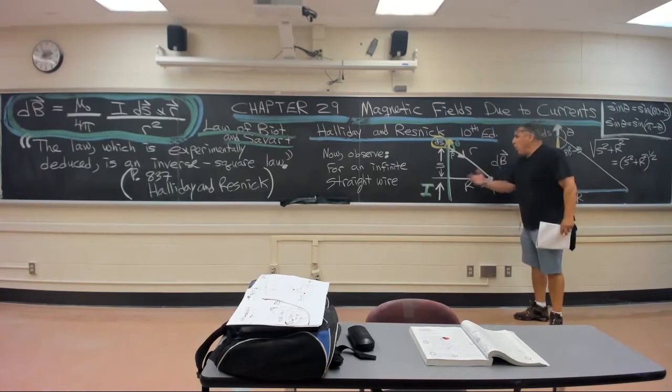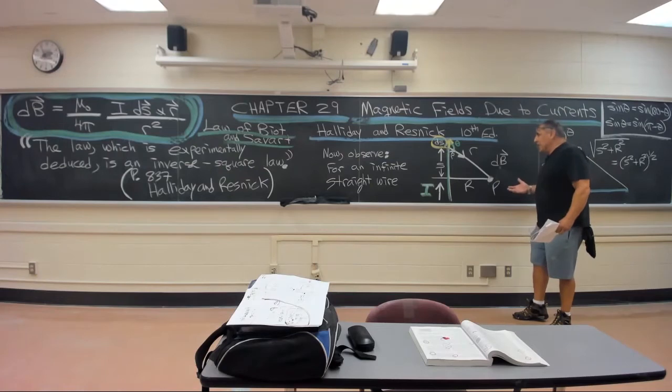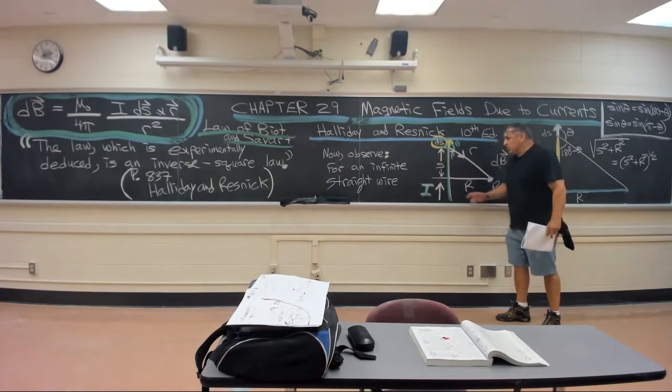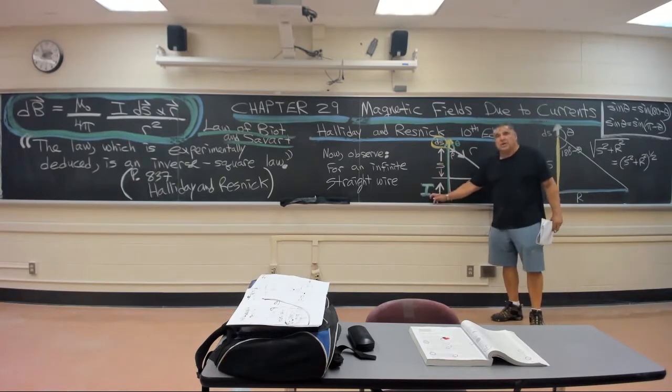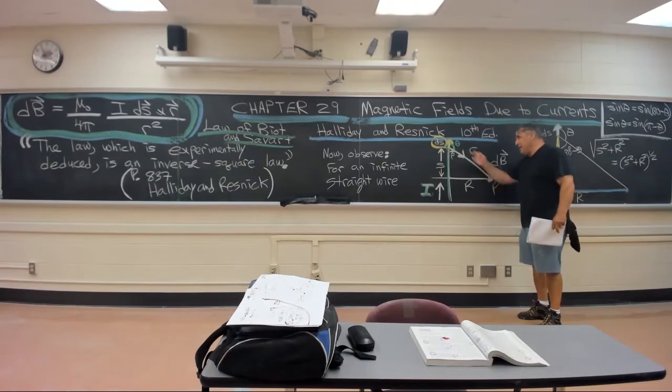The further away this infinitesimal element of wire with current I going through it is from here, the less B field there's going to be, and the greater that I is, the more the B field is going to be. So the dB vector is directly proportional to the amount of current and inversely proportional to the distance away.